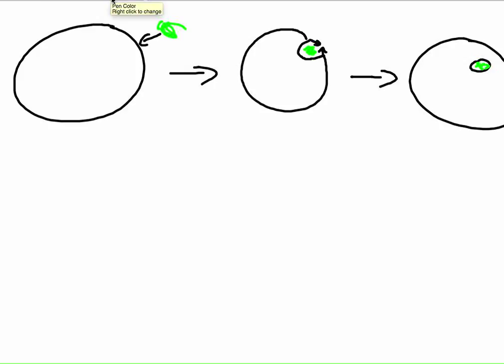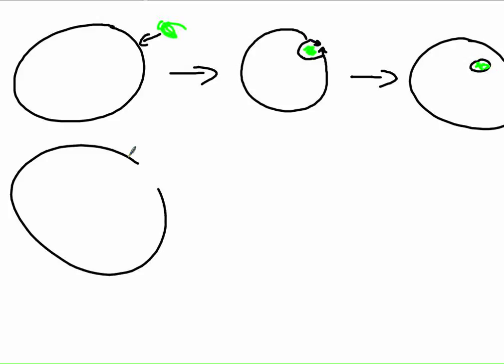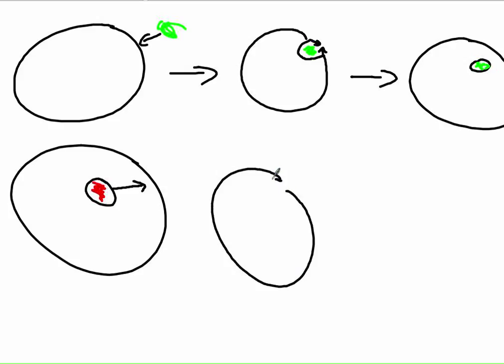And the picture that you would draw for this is basically just the opposite of what we had before. Now I have some waste material that I need to get out of the cell, or maybe it's a hormone that I'm trying to get out of the cell and send somewhere else in the body. So I need this vesicle that it's already contained in to get close to the surface. When it does get close to that surface, it can fuse with the membrane and start to open up.